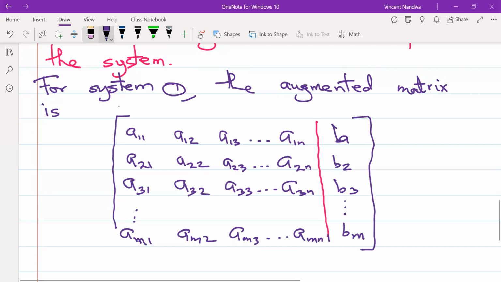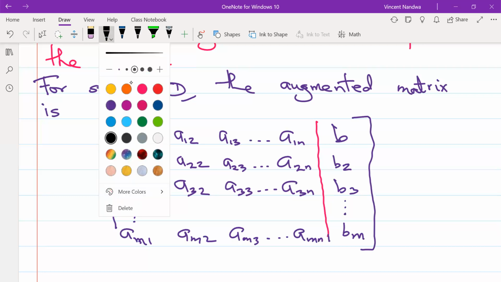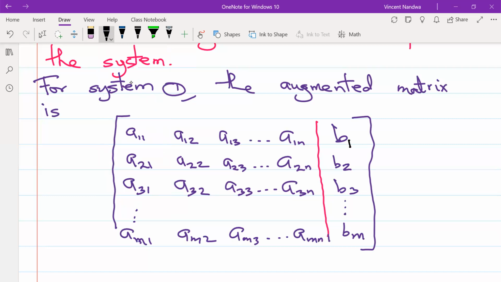So this is what we call the augmented matrix of system 1. You can either decide to make this a dotted line or a complete line. All of them are accepted.